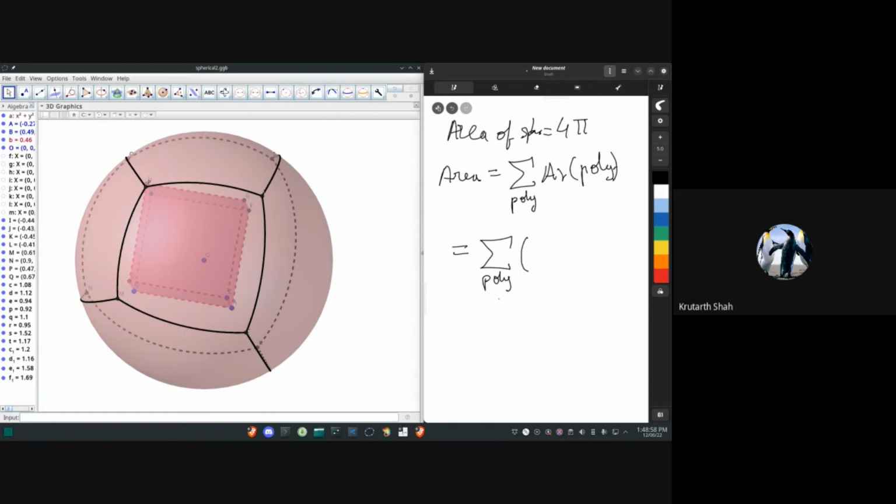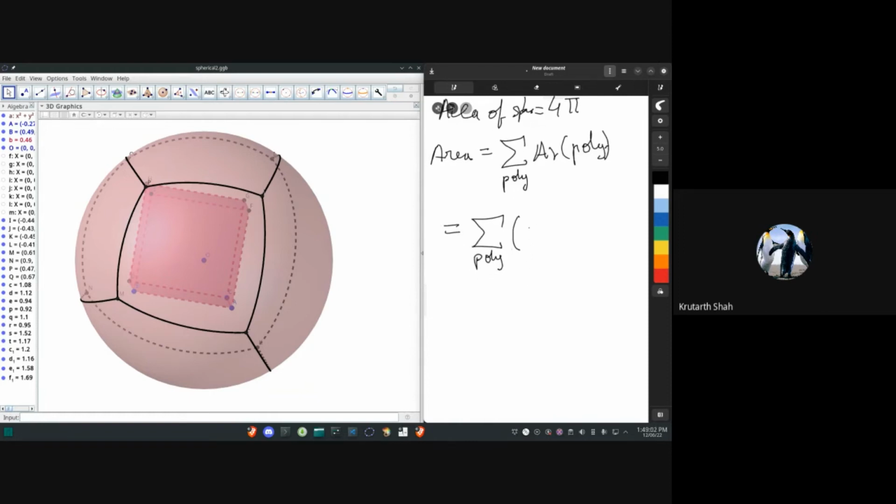So whenever we are iterating over all polygons, we are iterating over faces itself. So this is nothing but the summation of angles of the polygon minus n minus 2 times pi, where n is the number of sides of the polygon.